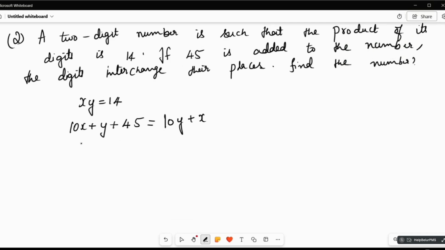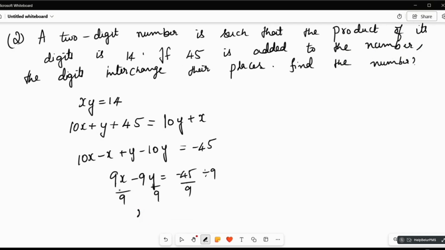So what will you get here? 10x, shift these terms now. 10x minus x plus y minus 10y is equal to minus 45. So 10x minus x is 9x minus 9y is equal to minus 45. This is okay. Now you can divide by 9 because each number is divisible by 9. So when I divide by 9, what will I get?